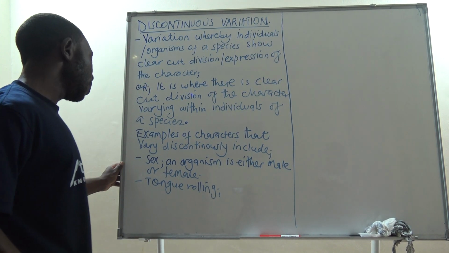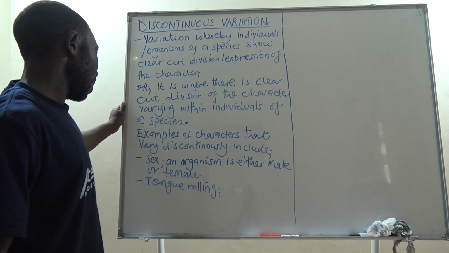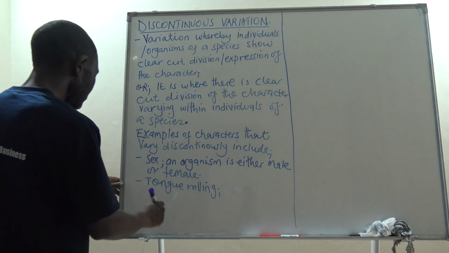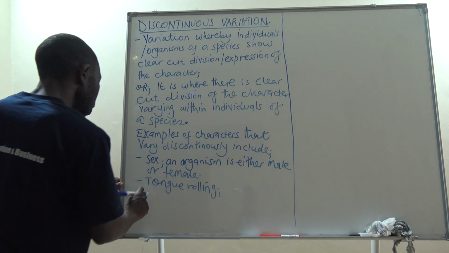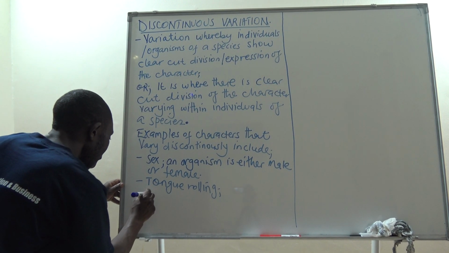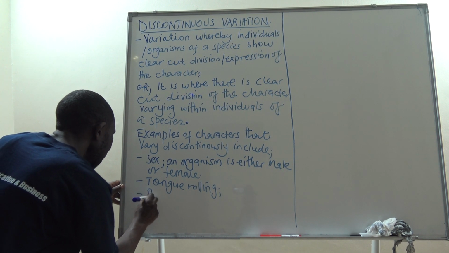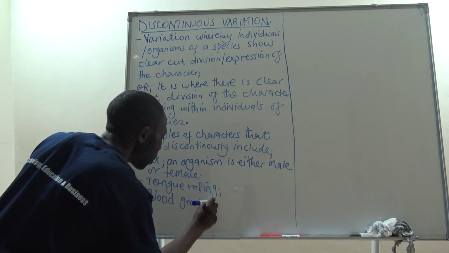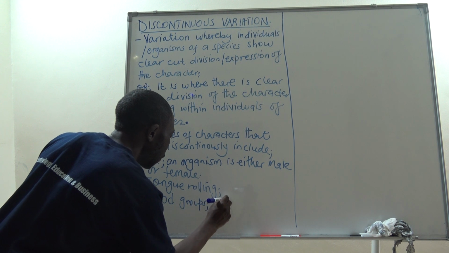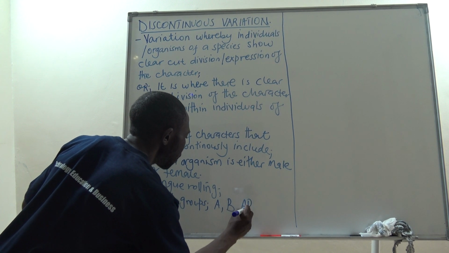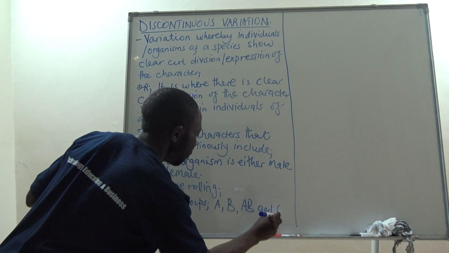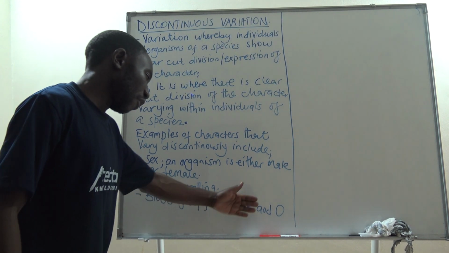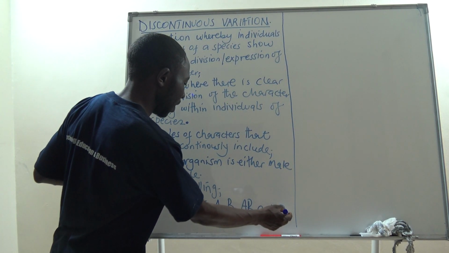One can either be a tongue roller or a non-tongue roller, and tongue rollers are very few within the population. The other character is blood groups. That is blood group A, B, AB and O. So an individual has any of the four blood groups mentioned here.